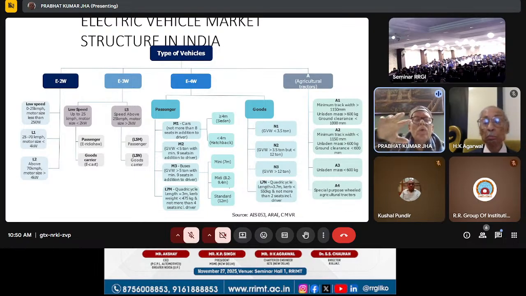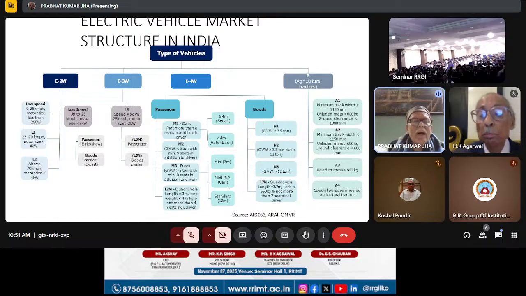When you go for a three-wheeler, it is up to 25 kilometer per hour with motor size less than 2 kilowatt.